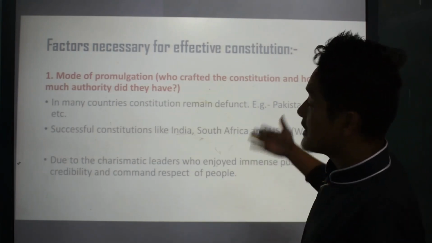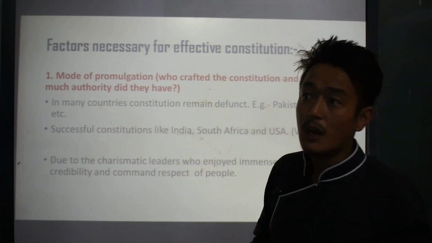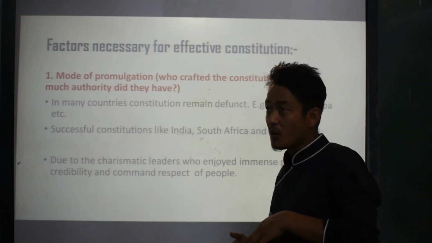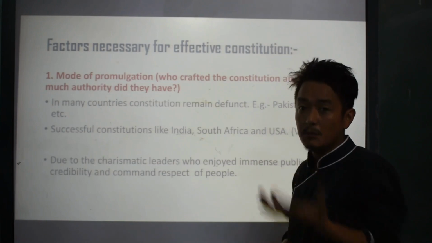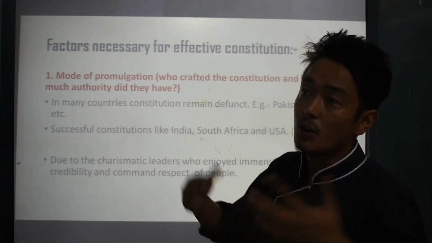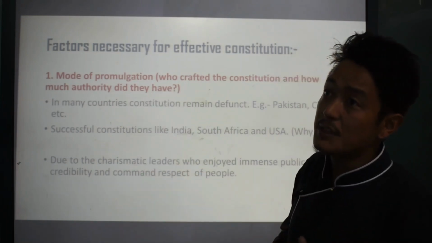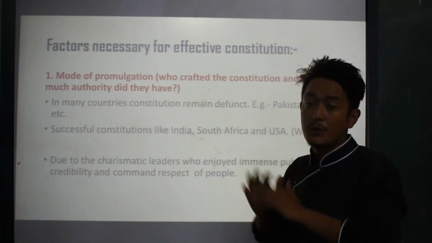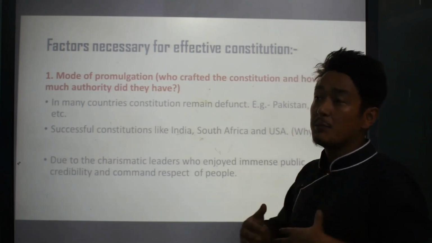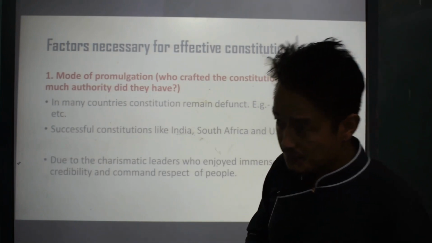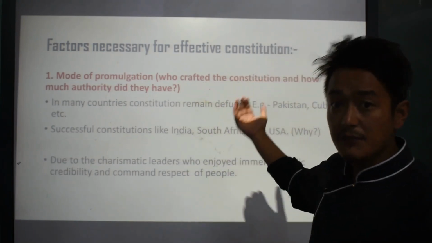But if you take the example of India, a number of people who were involved in the framing of the constitution were very popular among the people, were able to generate a lot of support from the people and had command over the people. In short, they were very important and very popular leaders, right? Therefore, they were able to create an effective constitution.